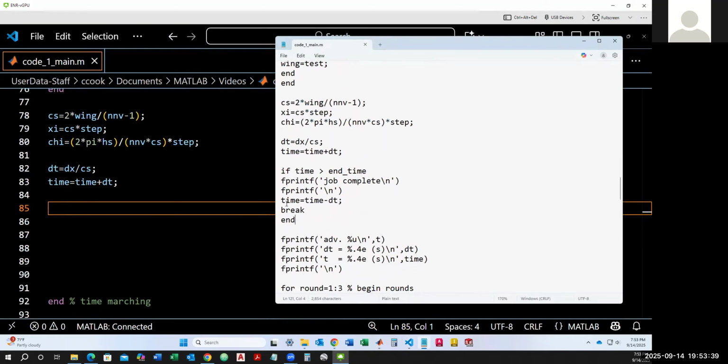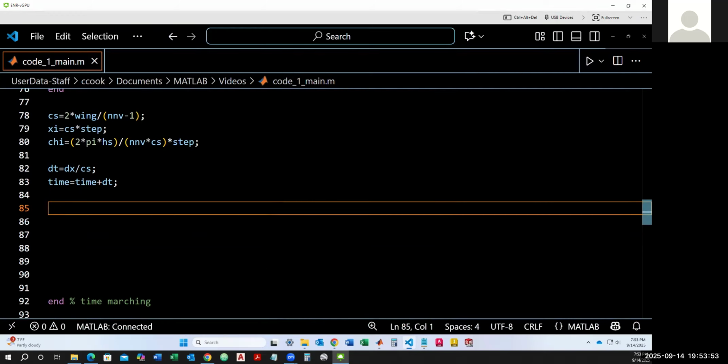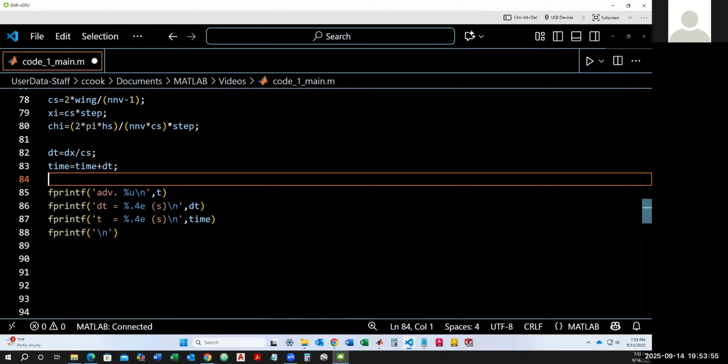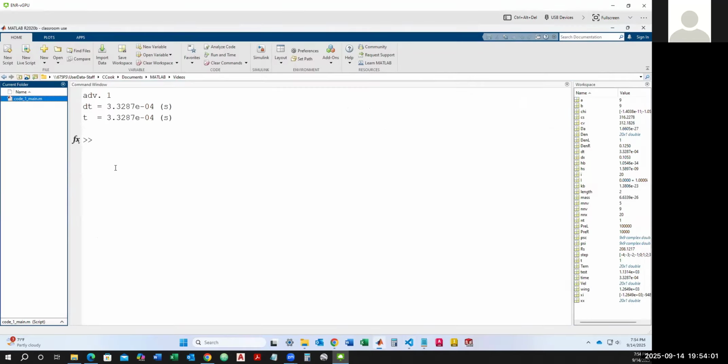So I set this up to end at a particular time. We don't really need to go through that though. I like to also spit this out, I will put it in because I like to know where the code is at. All right. So, right, this is advanced one.